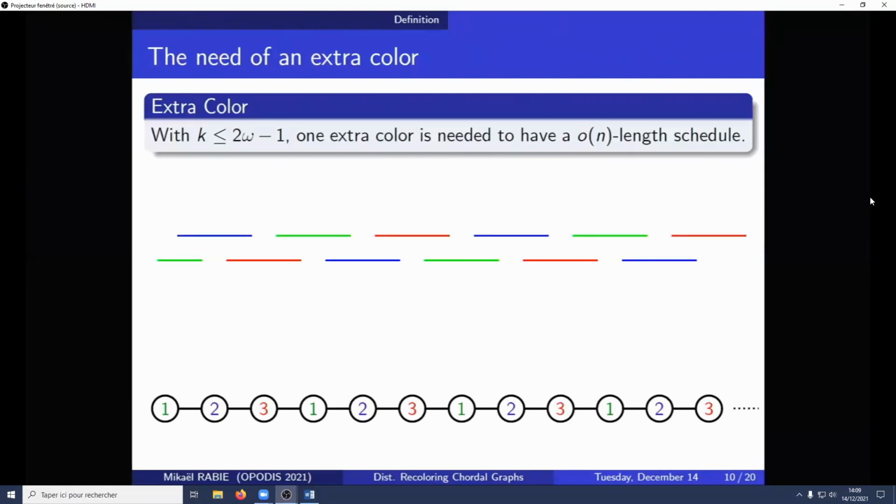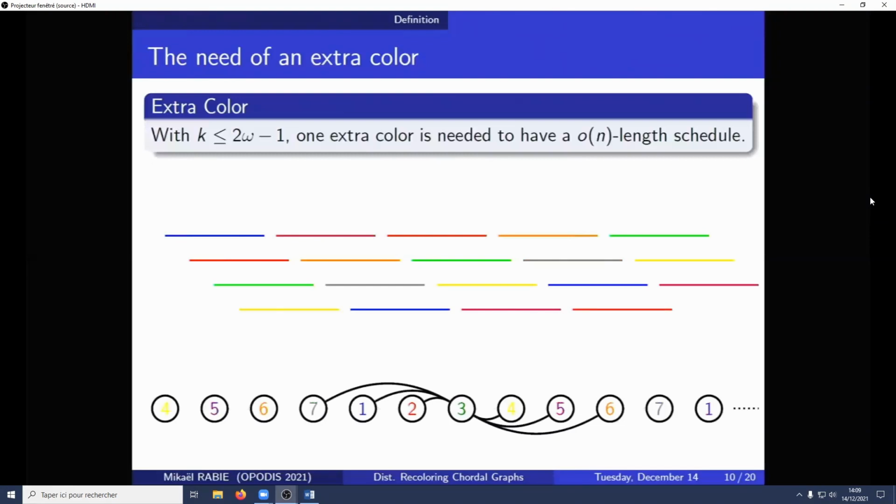This can be easily generalized to any omega, because if you take a node, its neighbors on the path are the omega minus 1 previous nodes and the omega minus 1 next ones, and the coloring is 1, 2, 3, 4 up to omega minus 1 again and again, then everybody is stuck in the middle. Only the nodes at the omega minus 1 endpoints are able to change, and we will need a linear length schedule and a linear number of communication rounds.